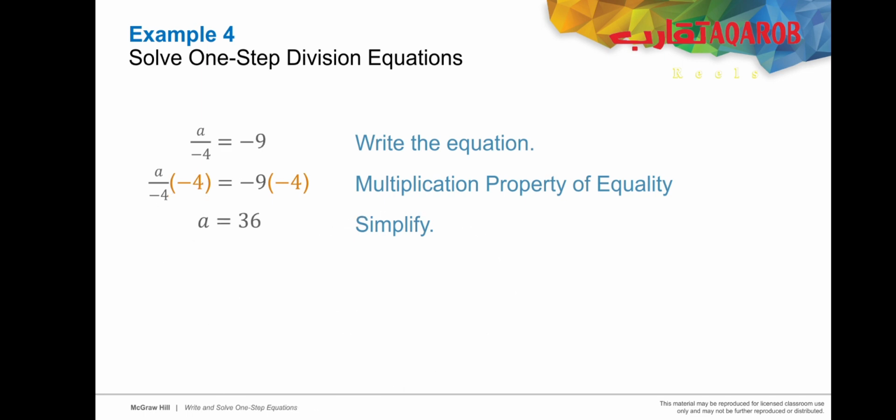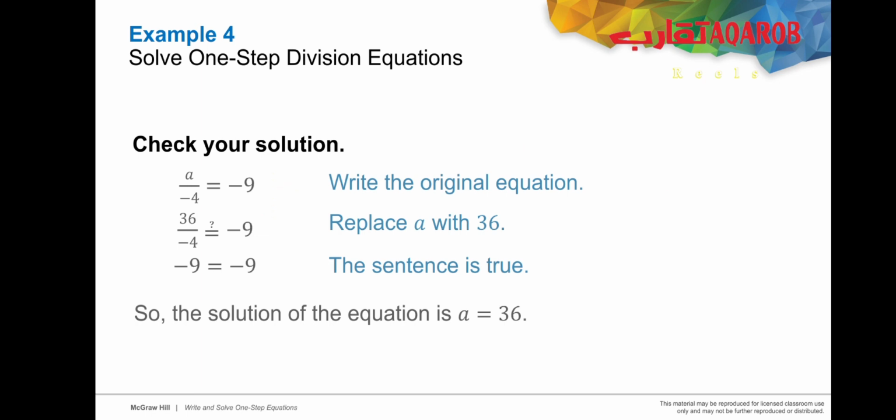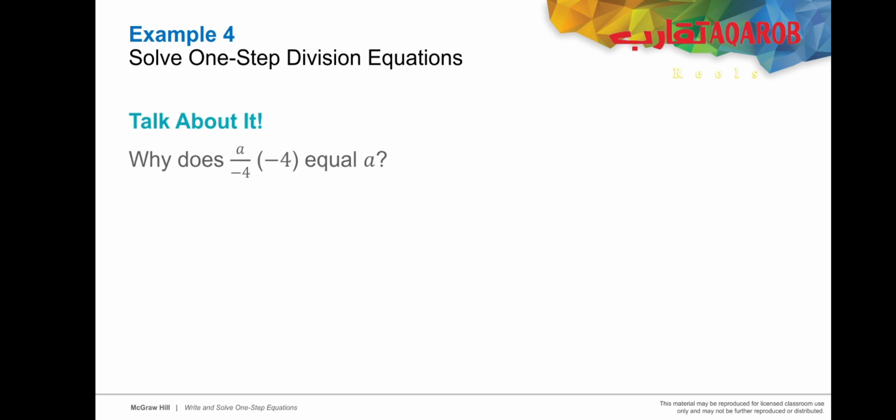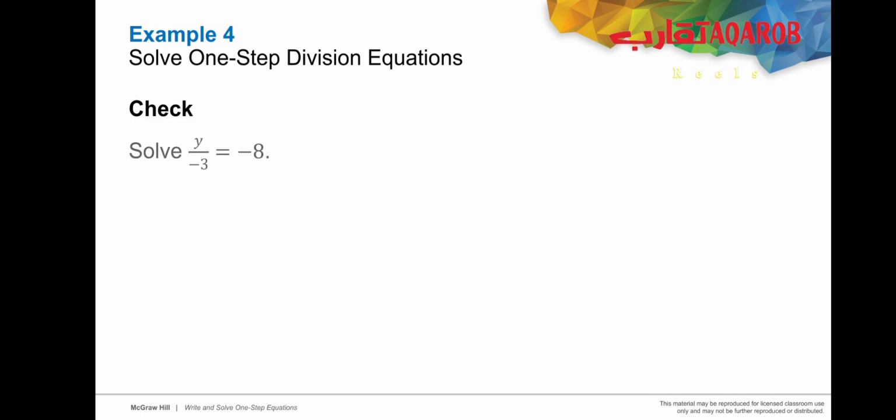Now to make sure my answer is correct, I need to check by replacing a with positive 36. Dividing 36 over negative 4 is negative 9, because positive divided by negative is negative, and 36 over 4 is equal to 9. So is the solution correct? Yes, of course, it's correct.